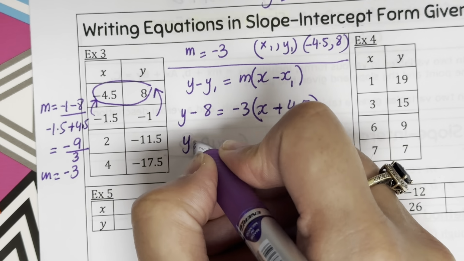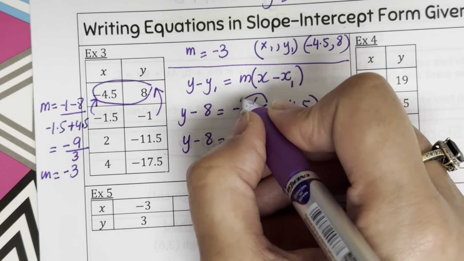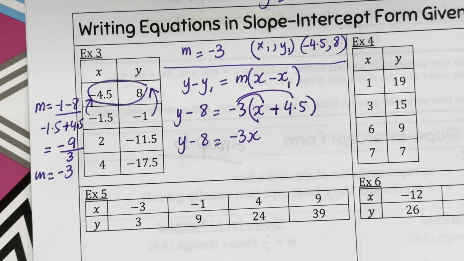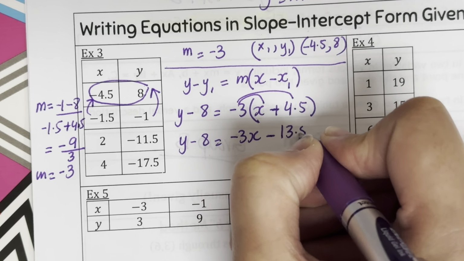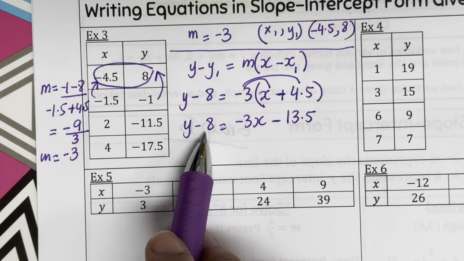Next step, let's distribute. So negative 3 times x is negative 3x, and negative 3 times positive 4.5 is negative more than 12. So let's check, what is it? It is negative 13.5. I'm still not done yet.